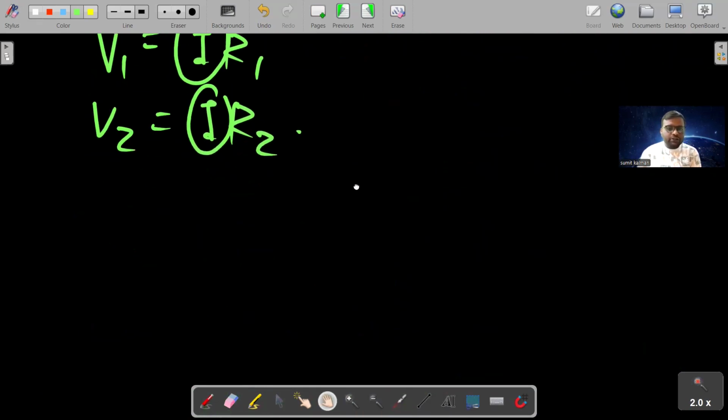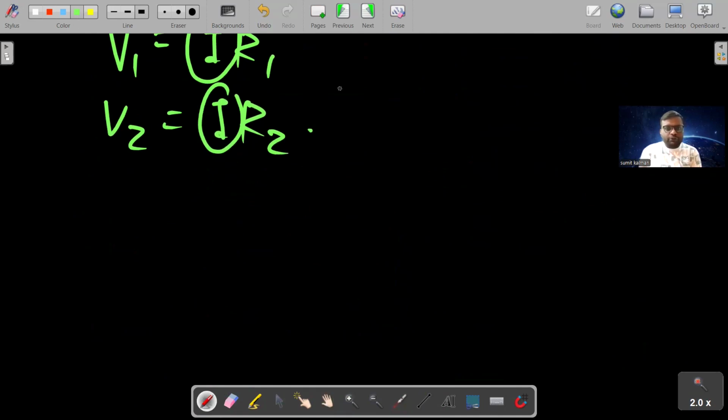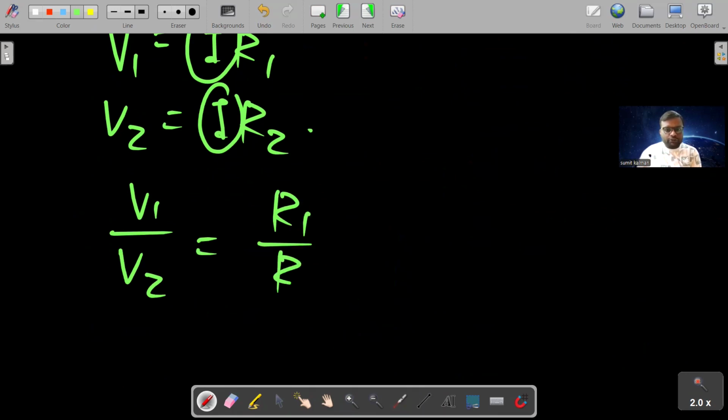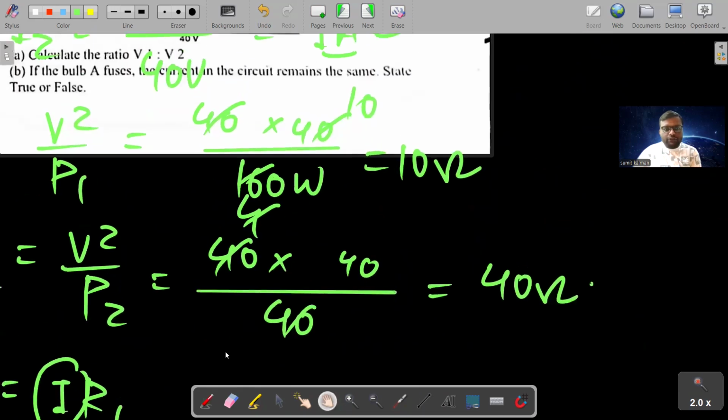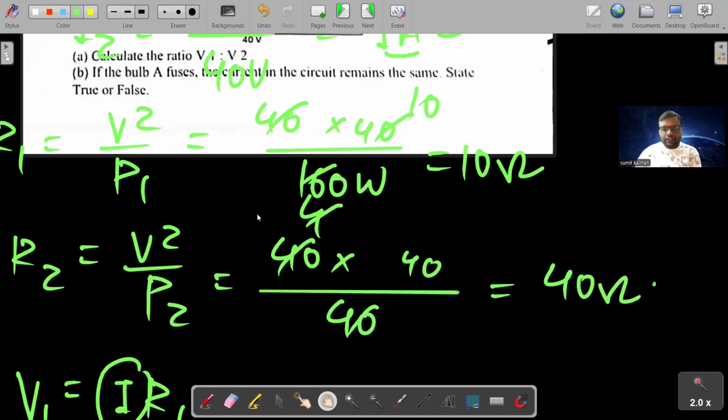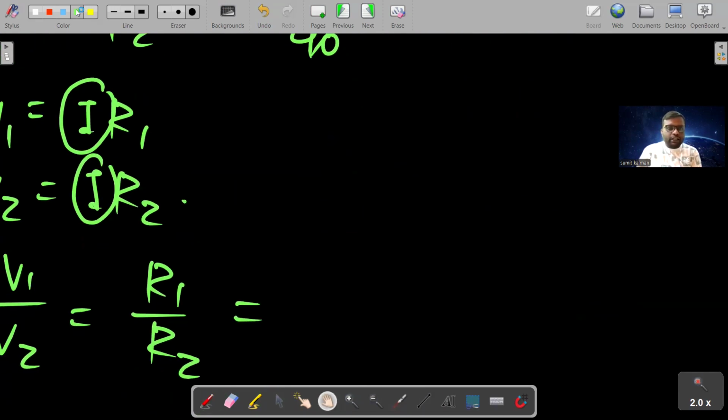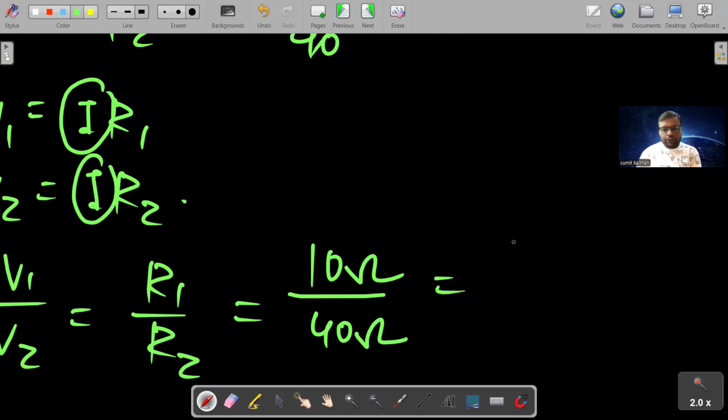So here, V1 upon V2, the ratio of voltages, will become R1 upon R2. R1 is 10 ohm and R2 is 40 ohm, so 10 upon 40 is 1 upon 4, 1 is to 4.